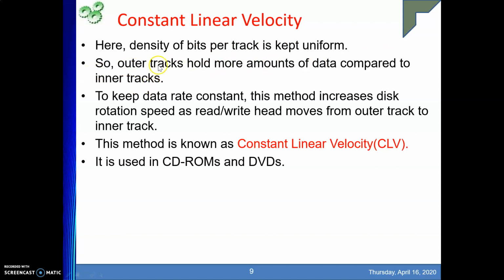As you know, outer tracks are bigger in size compared to inner tracks, but my density is uniform, so outer tracks store more data. Now to keep the data rate constant, this method increases disk rotation speed as the read-write head moves from outer track to inner track. Then only your data rate will be constant. This method is known as constant linear velocity, and it is used in CD-ROM and DVD drives.